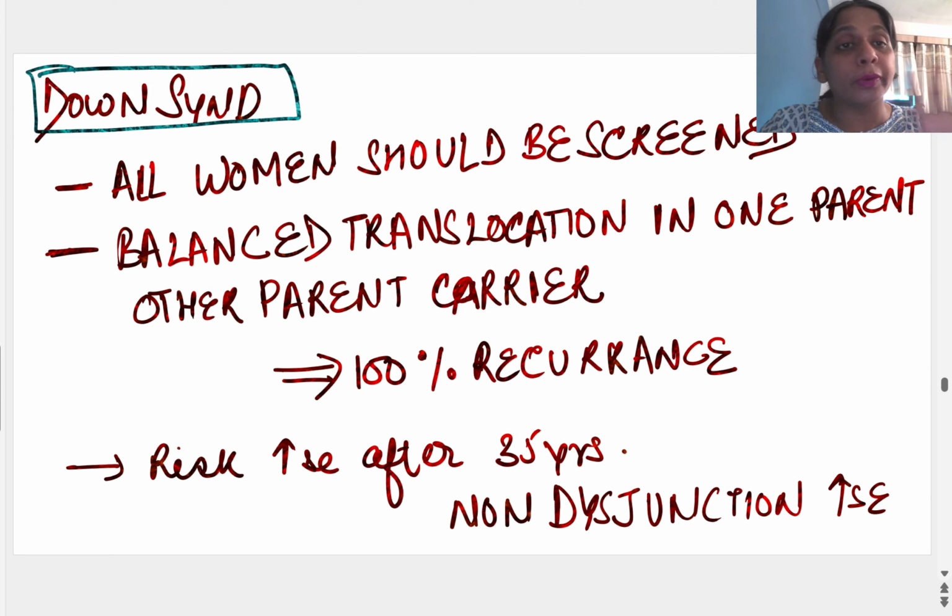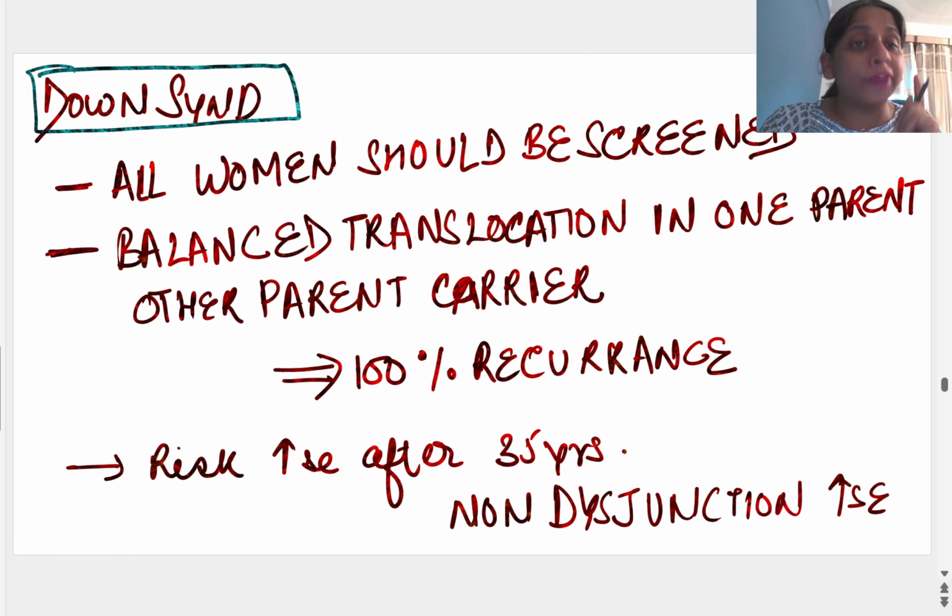We cannot prevent. Listen carefully. If balanced translocation, okay, what is balanced translocation? You are going to tell me in the comment section. So if there is balanced translocation in one parent and the other parent is a carrier of that balanced translocation, then 100% every pregnancy will have Down syndrome.